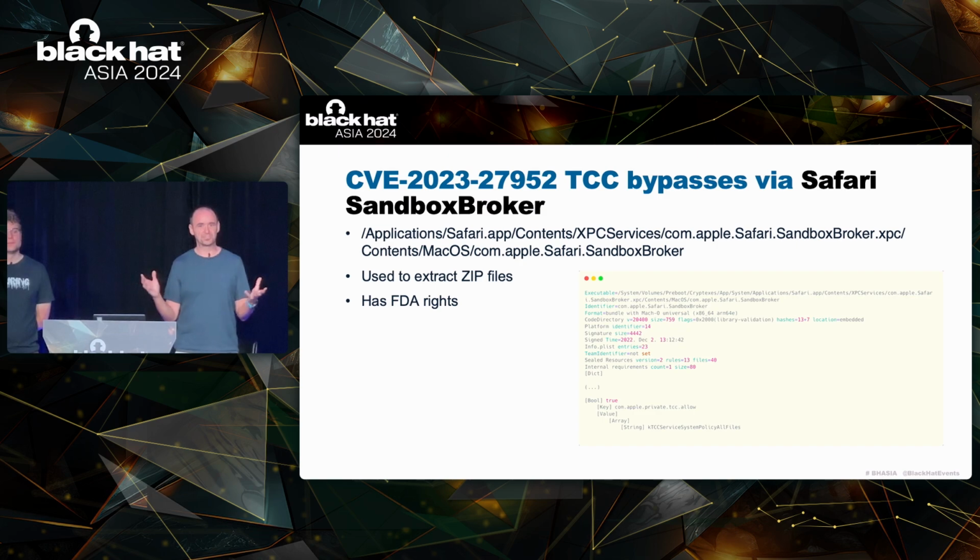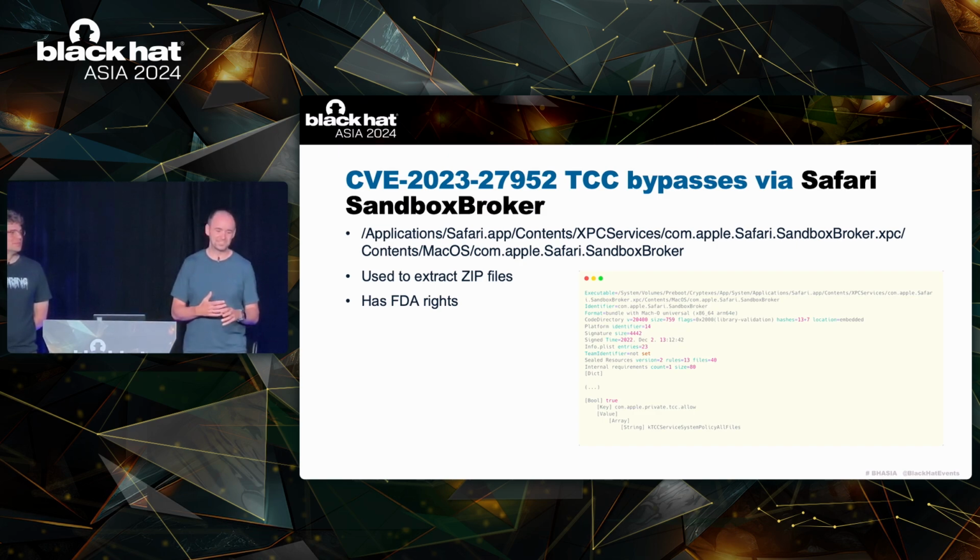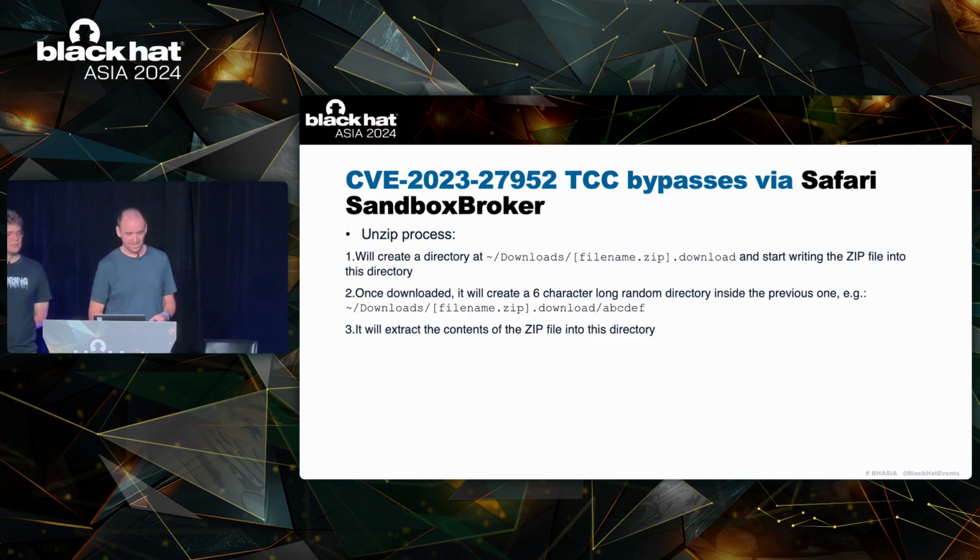This is the first feature I think you want to disable on macOS for your own security. And this process has full disk access permissions, which means it can access all of your private data. I don't know why it needs that, but it has it.